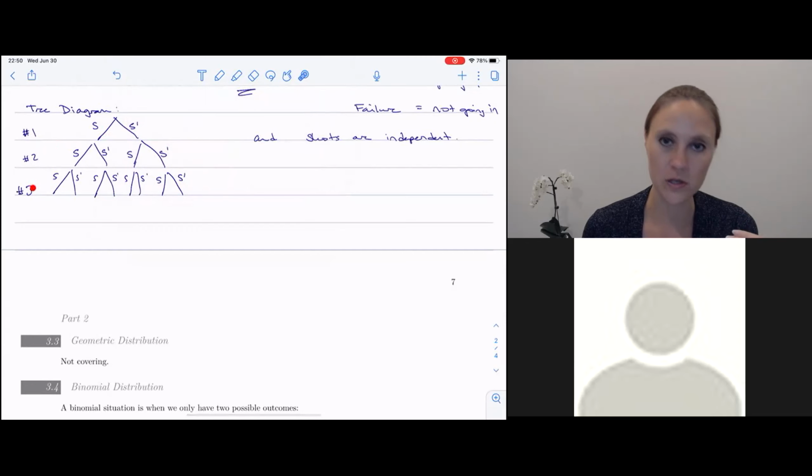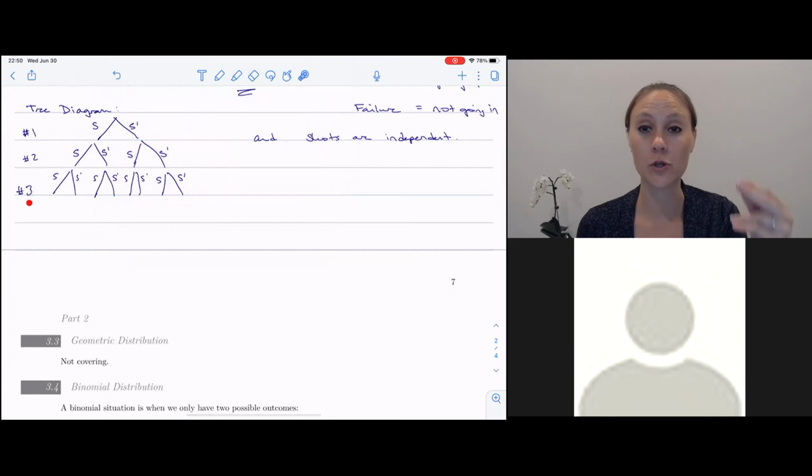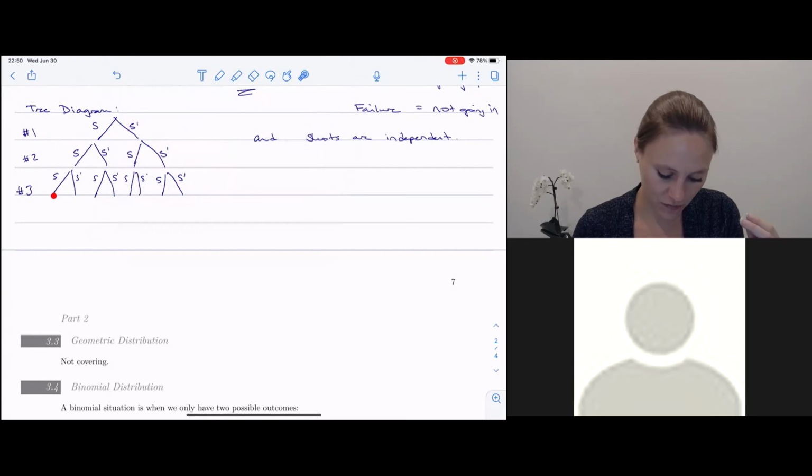So here are the first 2 flips. Now you have to do 2 more layers, but each of these gets 2 branches, and then each of those gets 2 branches, and it so quickly gets out of hand.